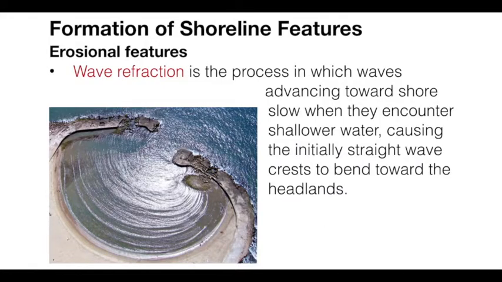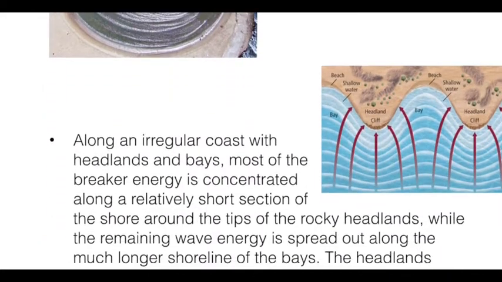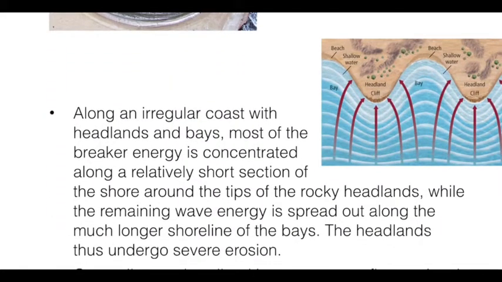All kinds of things can happen as a result. The places that really get the most power from the waves are the headlands, the sticking-out places. Any promontory is going to be bombarded by waves, and the bays, which are these inland parts, are not going to be so dramatically hit.